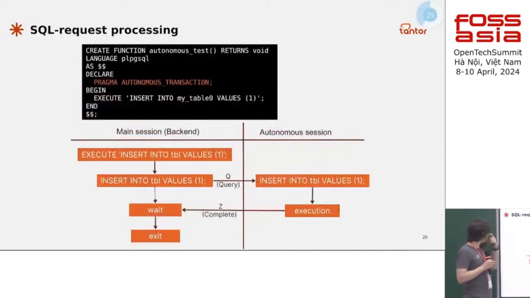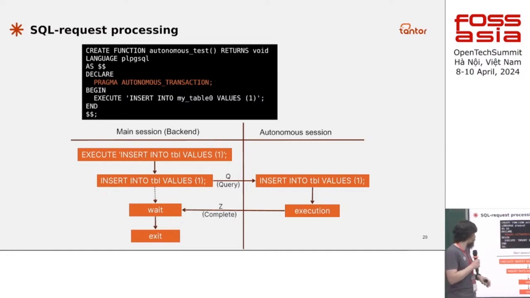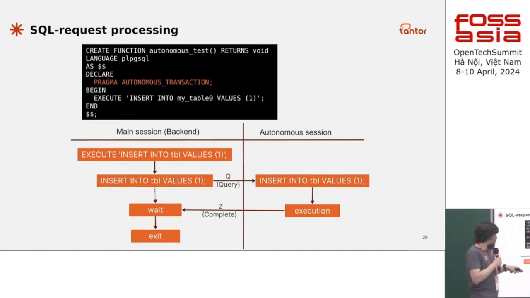So let's see an example of this. We have a function with pragma autonomous. It will be executed in an autonomous session. So the autonomous session was created, and we have the main session. We have an execute command that inserts into a table values. It's parsed by the main session.